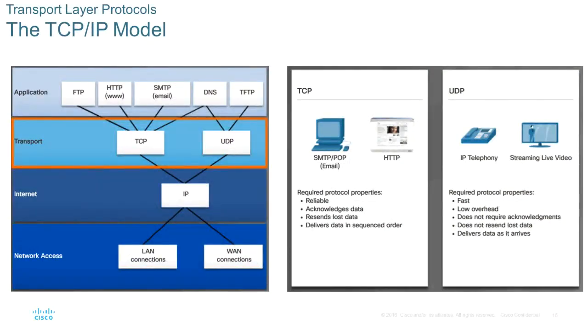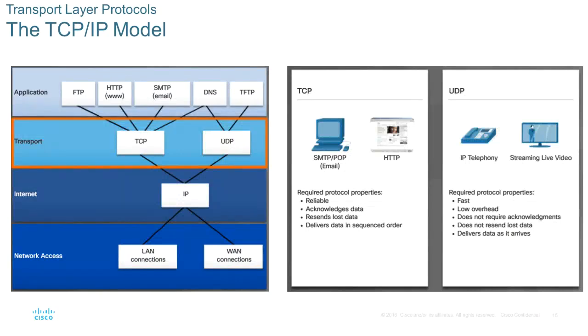Now, there are two models we use in teaching. One's called the OSI model, which has 7 layers, and the other one is the TCP/IP model, which represents the actual protocols that are the most common protocols used across the network.